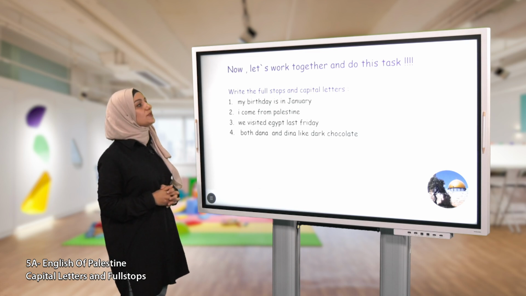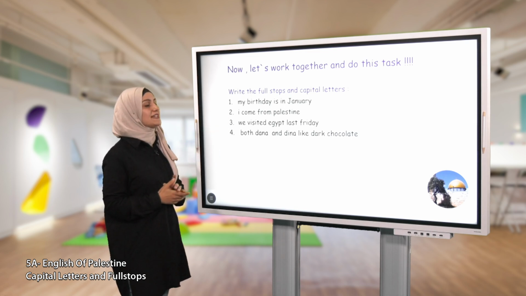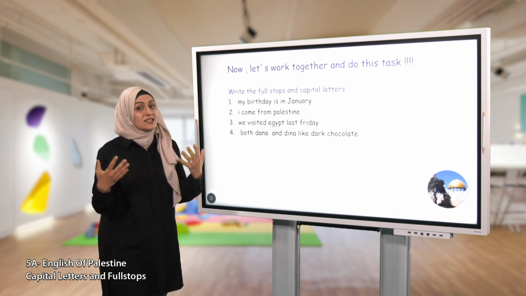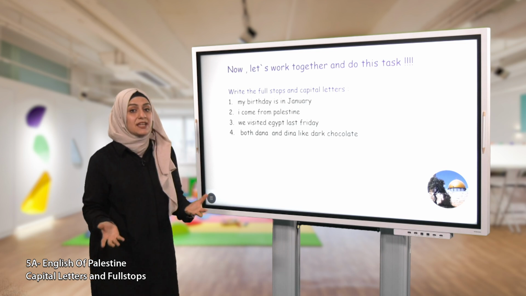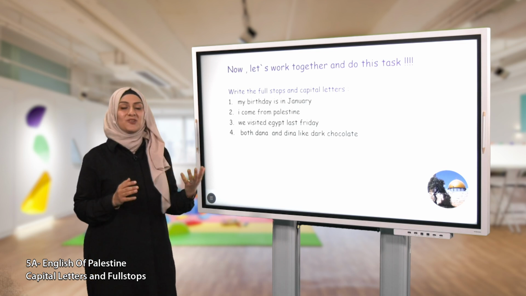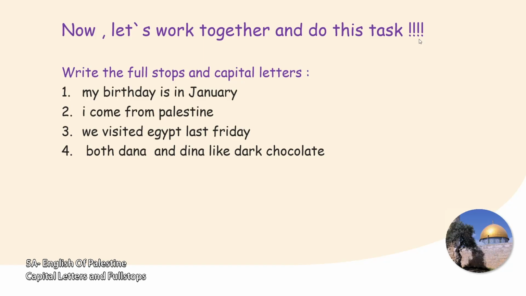Now let's work together and do this task. Let's check our knowledge and understanding of full stops and punctuation marks. Okay, write the full stops and capital letters in these sentences. I will read the first sentence. Try to work with me. My birthday is in January.